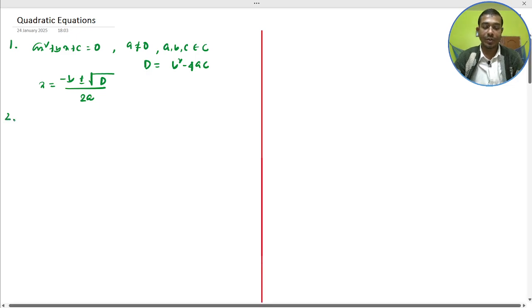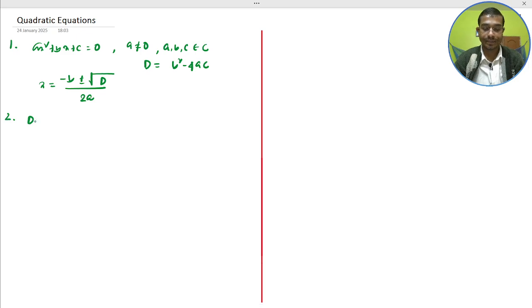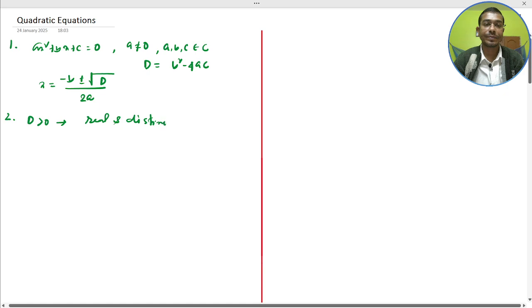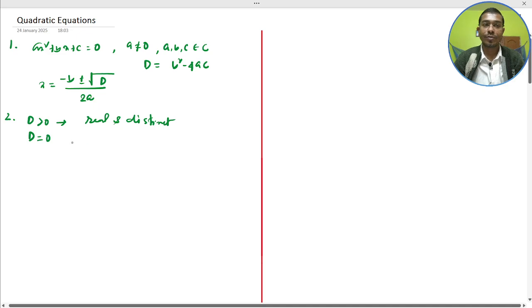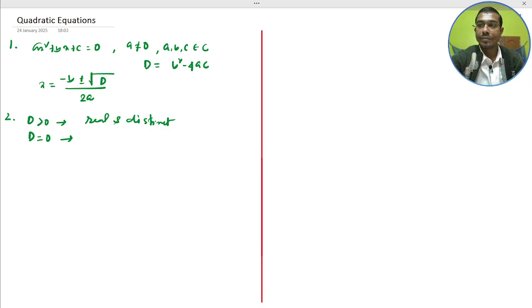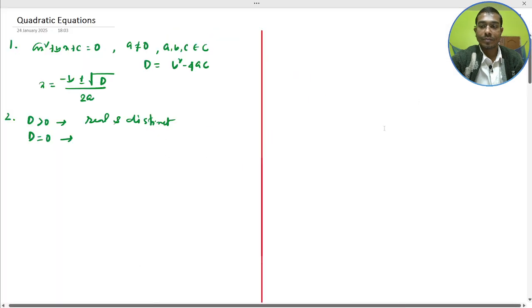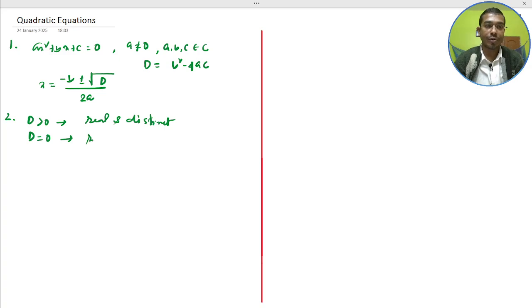Next, the nature of the roots. So first of all, the discriminant D greater than 0 gives real and distinct roots. Next, D equal to 0: for D equal to 0, these are real and equal roots.